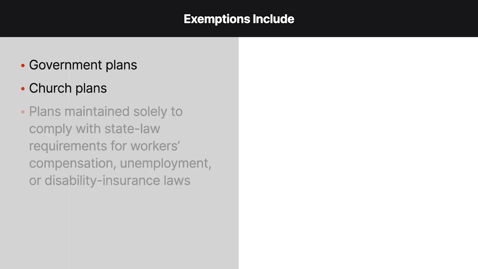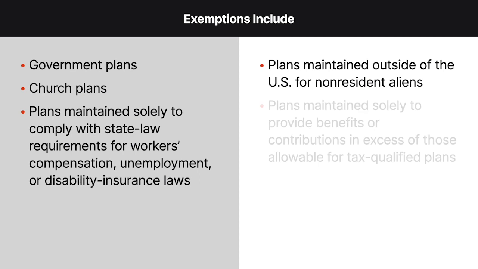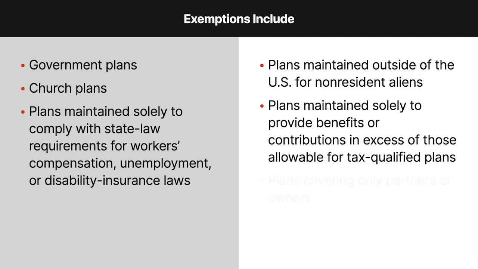These exemptions include government plans, church plans, plans maintained solely to comply with state workers' compensation law, unemployment law, or other disability insurance laws, plans that are maintained outside of the U.S. for non-resident aliens, plans maintained solely to provide benefits or contributions in excess of those allowable for tax-qualified plans, and also plans covering only partners or owners. Otherwise, if it's an employee benefit, you can usually assume that ERISA is going to apply.